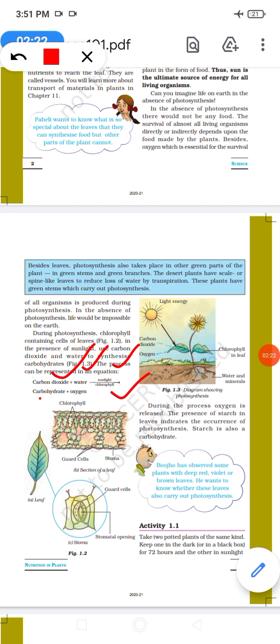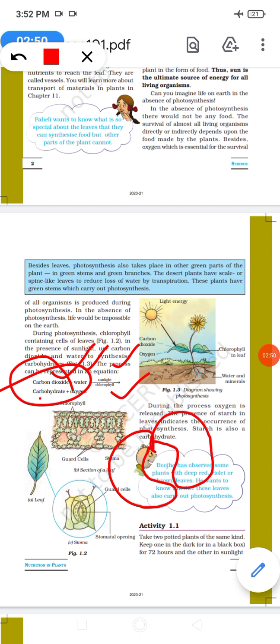Now from where do they get carbon dioxide? They get carbon dioxide from the stomatal openings. Stomata are tiny pores seen underneath the leaves, that is, the lower surface of the leaves. These stomata have guard cells.